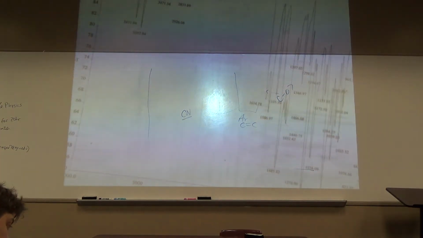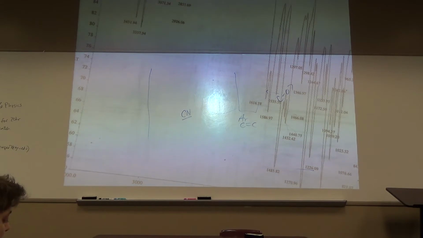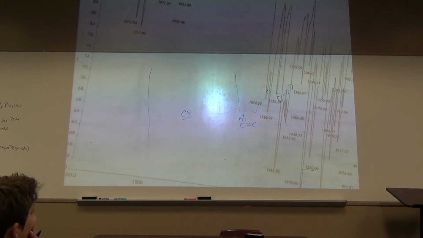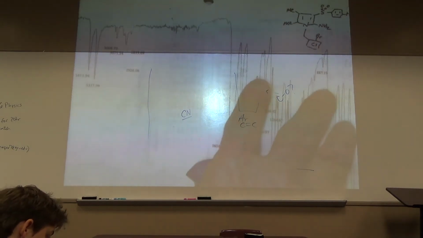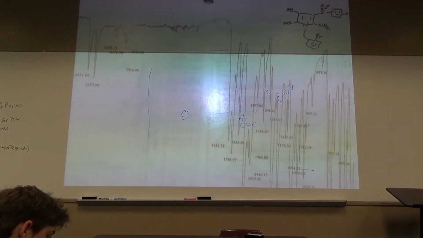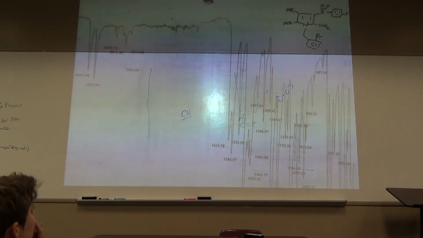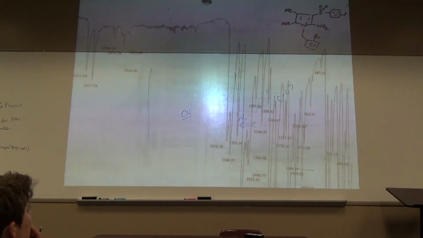Okay, two things to show. One, I want to show you a little example from the research lab, and then I'll show you some problems in the workbook that you'll see on the test. Look at this compound here. We made these compounds. I got a hole punched.